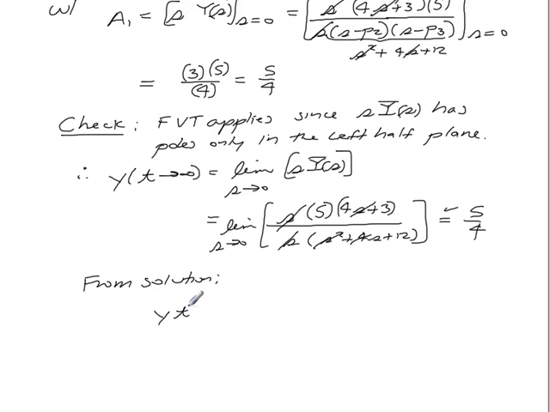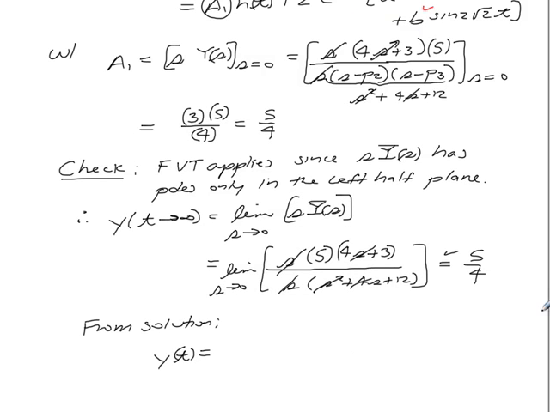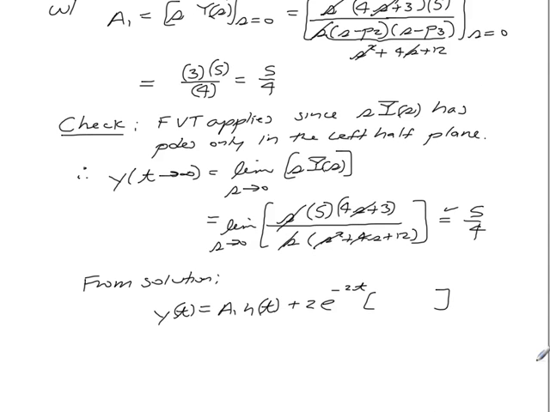We had that y of t was equal to a1 h of t plus the 2e to the minus 2t with some cosines and sines.